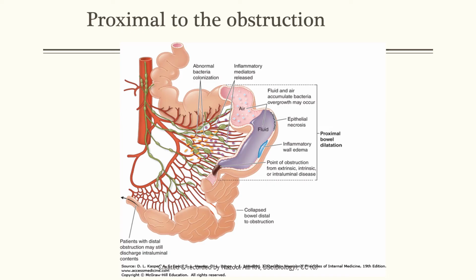This is showing you what I drew before, but now showing you where that obstruction is, and then the fluid that accumulates, and then air that accumulates, all of which is going to lead to proximal bowel dilatation, causing abdominal distension in the patient.